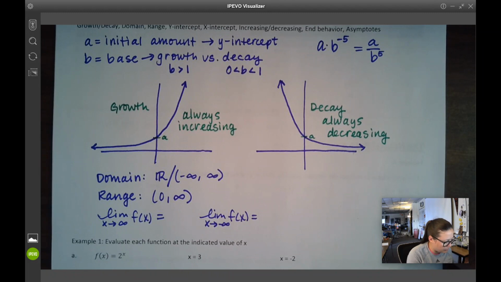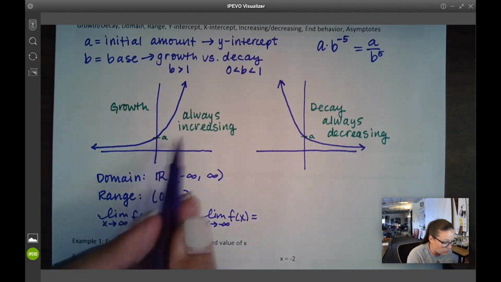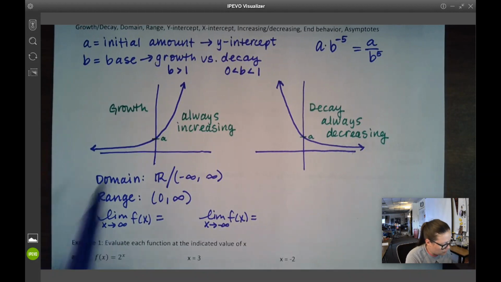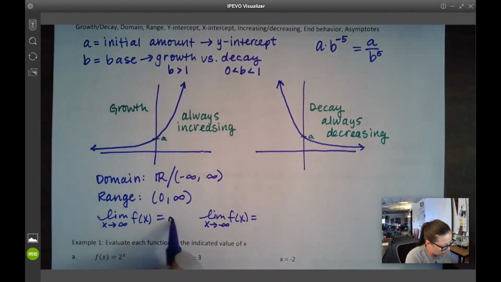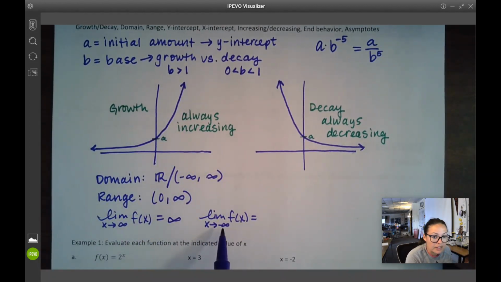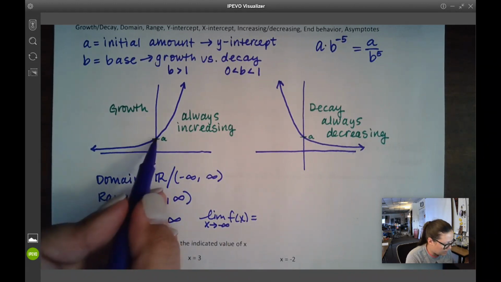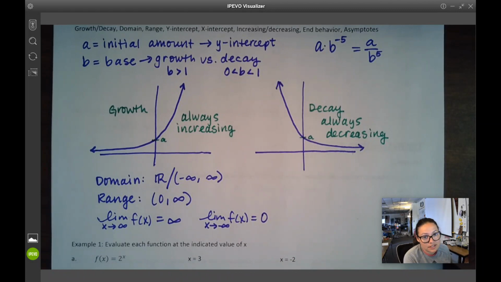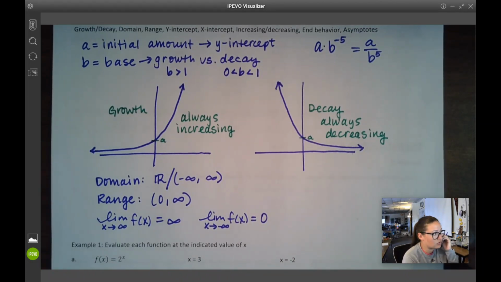And this one is different for growth and decay. So we'll look at the growth graph first. So as x goes to infinity, f of x goes to infinity. As x goes to negative infinity, f of x goes to 0. It's going to get closer and closer to 0.